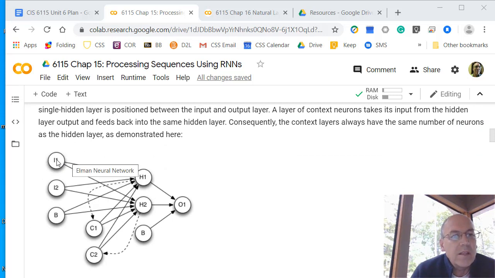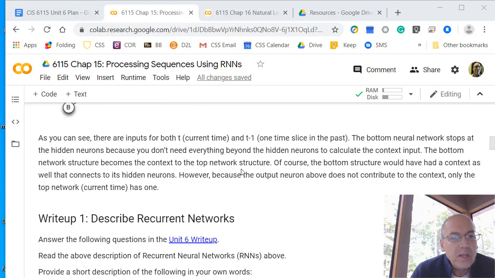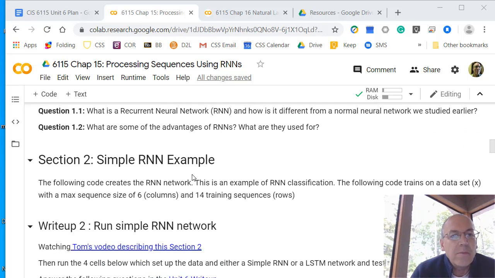But here, with a sentence or words or music, we can provide a single word or a single character at a time, and then another and another, and then we can handle variable length inputs, because we don't know how long time series are. We can also look for patterns in time. So that's the idea of these recurrent neural networks.